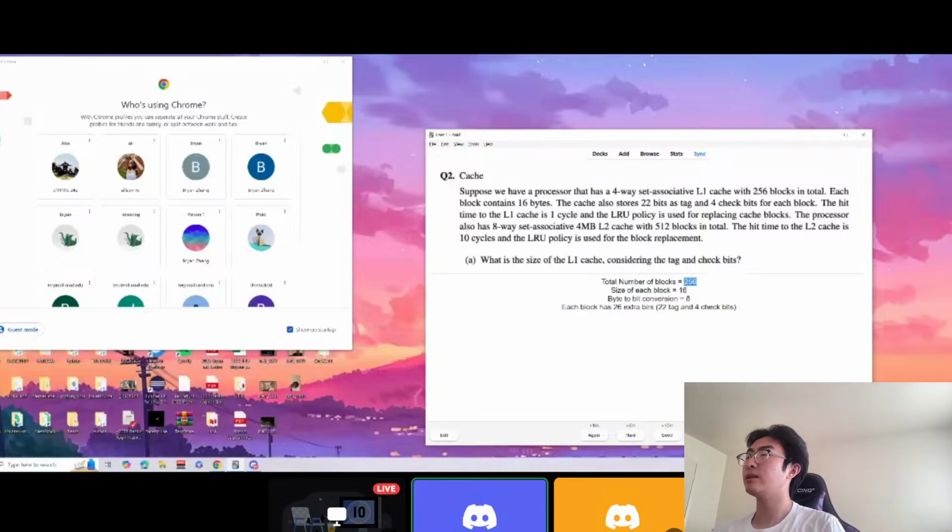Hit rate. So hit rate is the idea of, if you're accessing your cache, how many times are those going to be actual cache hits? So how many times will that piece of data you're looking for actually exist in your cache?